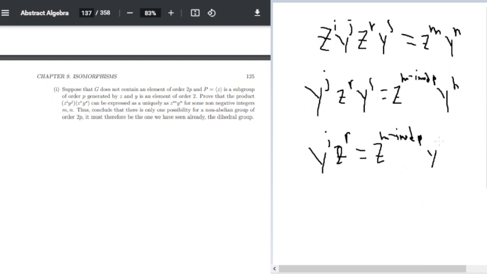M plus p minus i, z to the n plus 2 minus s.